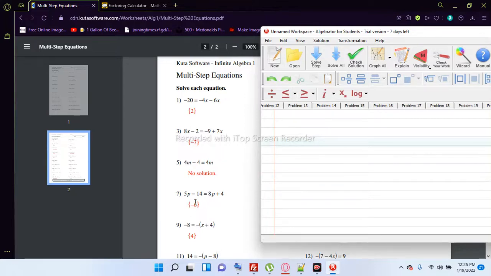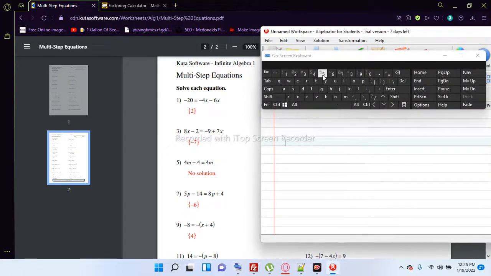New: 5p minus 14 equals 8p plus 4. Okay, so we're gonna write 5p minus 14 equals 8p plus 4. And if there's some teachers out there, they can get on there and point me down because I don't have a degree in math.